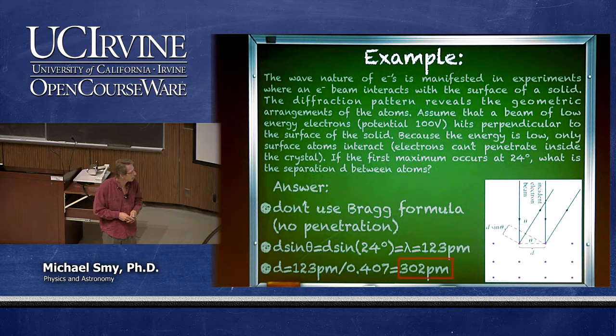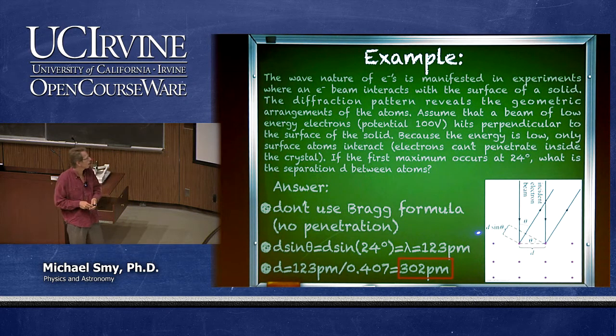So we simply look at the surface atoms. And therefore, we observe that there's a path length difference of the spacing times sine theta. For a maximum, that needs to be an integral number of wavelengths. And therefore, we get that d sine theta has to be equal to lambda.